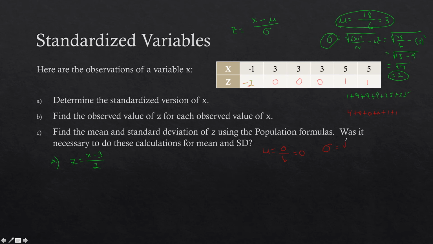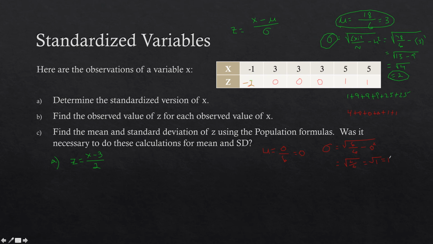That's going to be the square root of 6 divided by 6, because we have 6 values, minus 0 squared. So really this is just the square root of 6 divided by 6, which is the square root of 1, which is 1.